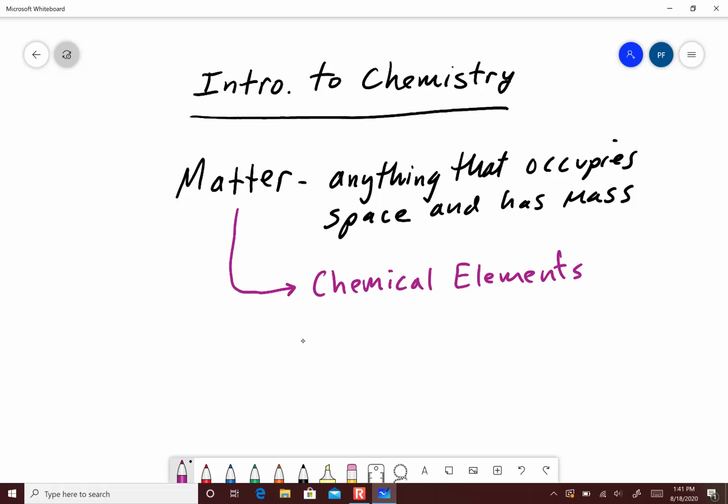Sometimes we may not use the word chemical, we may just say elements. But that's what makes up matter. So we're basically saying chemical elements make up everything, whether it's the air we're breathing, the pen you're using, your dog, your cat, the grass in your backyard, whatever, it's elements that are making up those things.